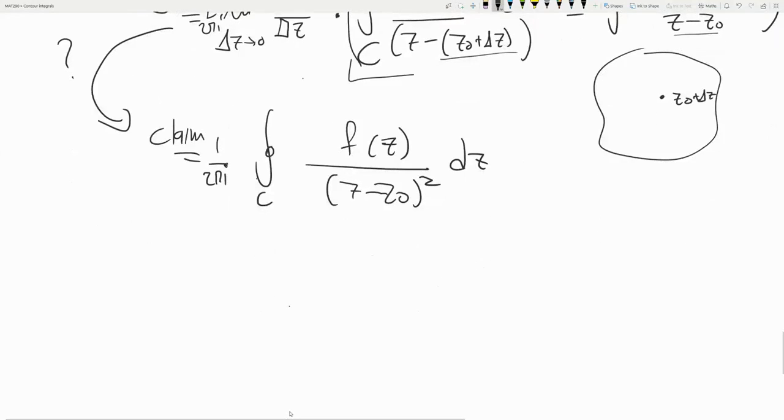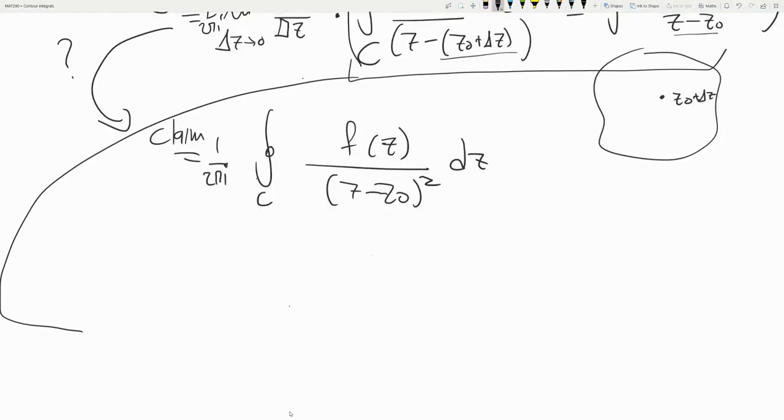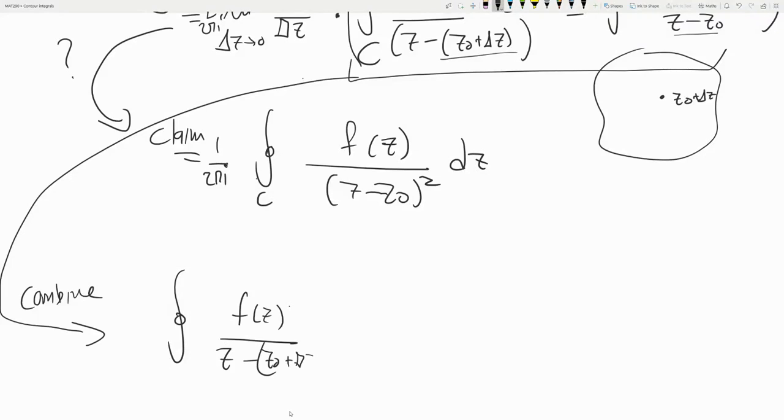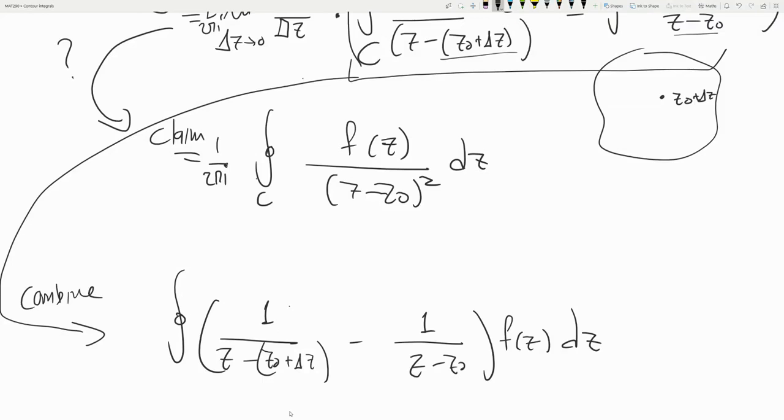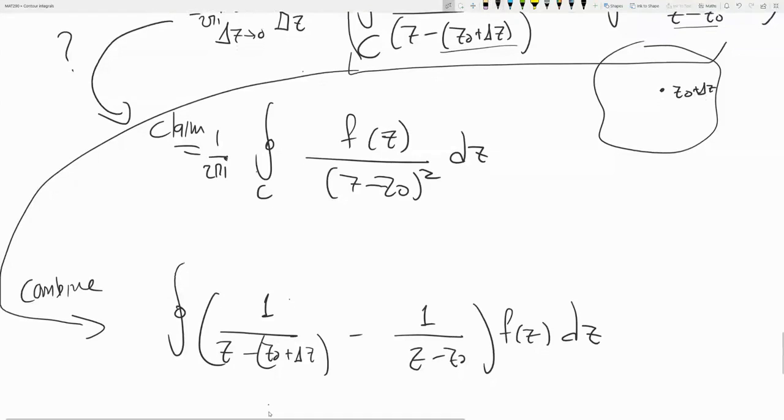So what they do in the book, they start from here and they combine the contours. Okay, so let's see. You have two ratios, right? But f of z is a common term, so I might as well take it out now, just to see how they did it in the book. And they do common denominator.